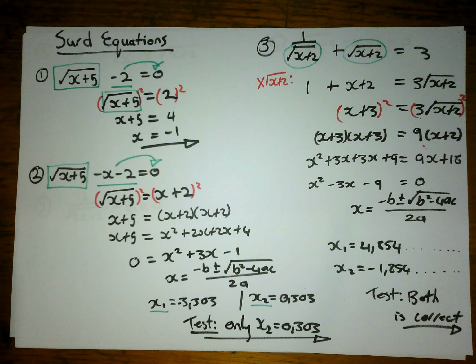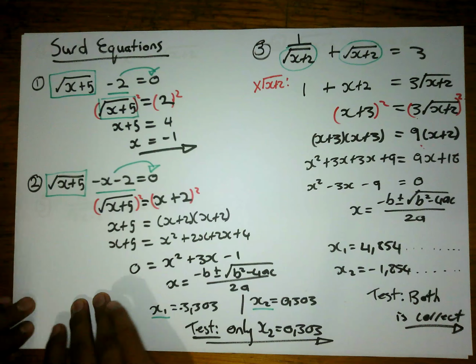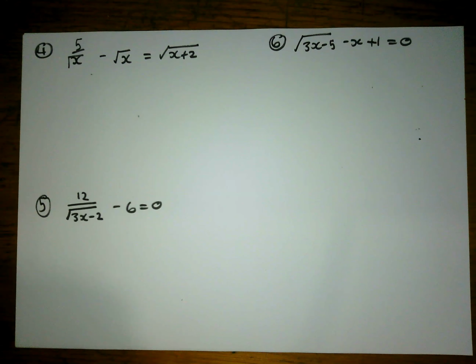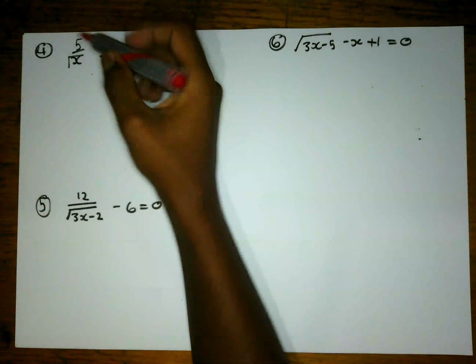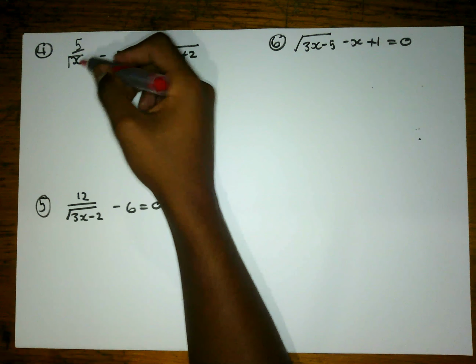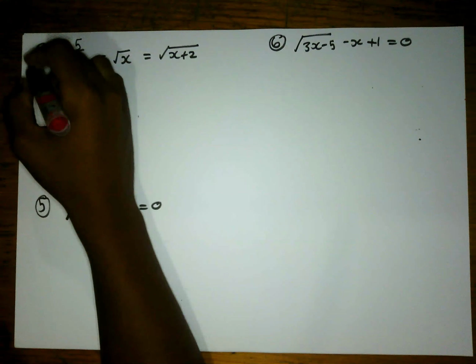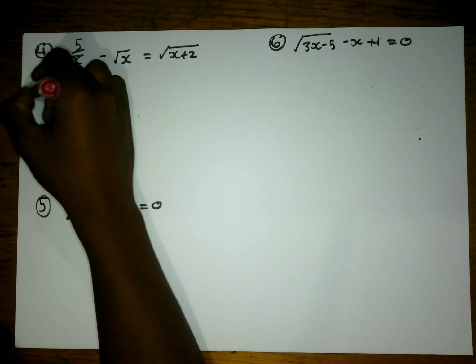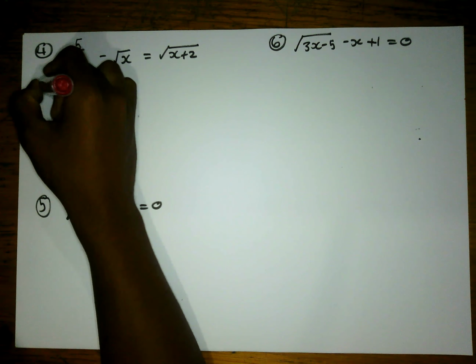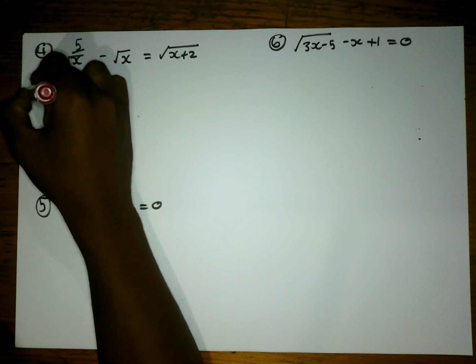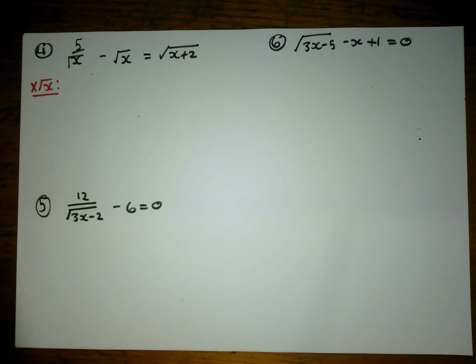Okay, the next question. These are the next questions, and as you can see, we again have a fraction, and the denominator is the same as this number here. So what are we gonna do? We're gonna multiply with the square root of x throughout the entire equation.